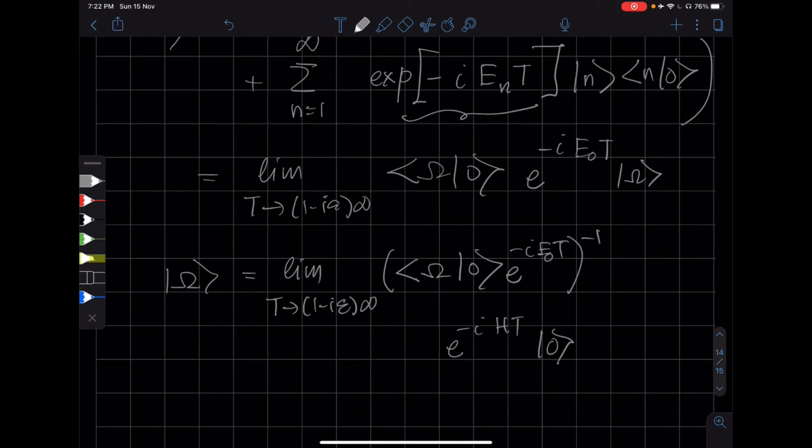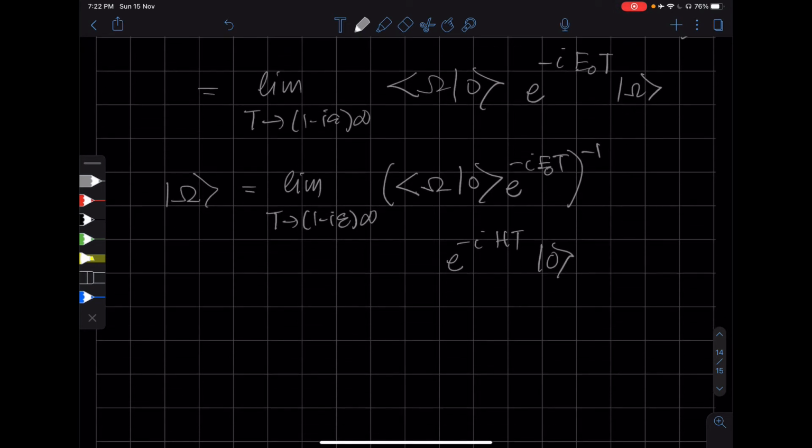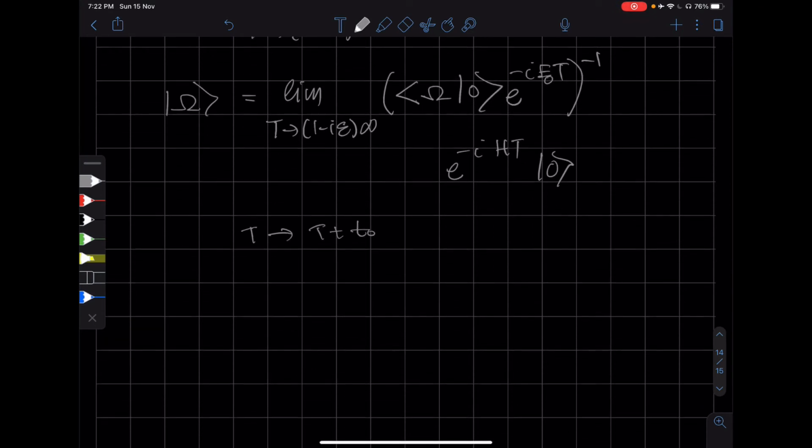But for T very large, we can then shift T by T plus some finite amount of time, t0. Then we can write omega as the limit T goes to ∞(1 − iε).